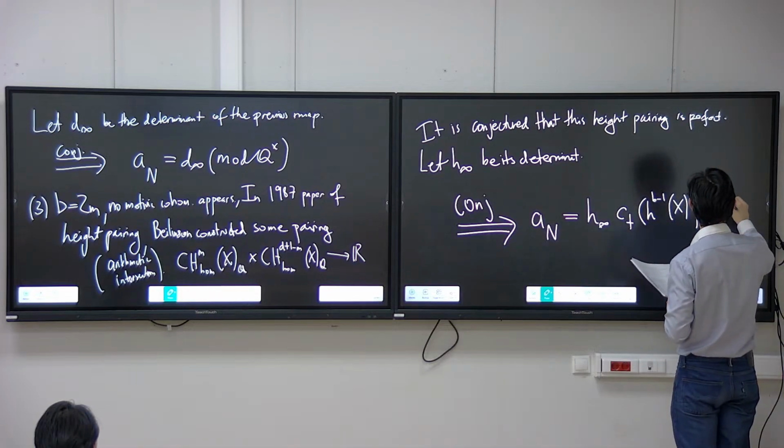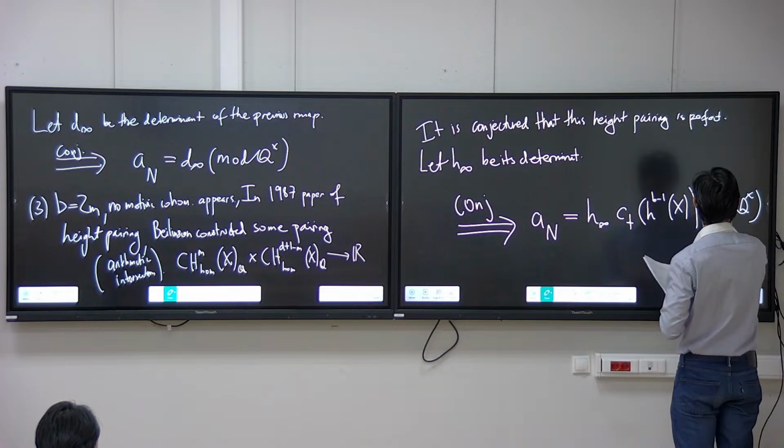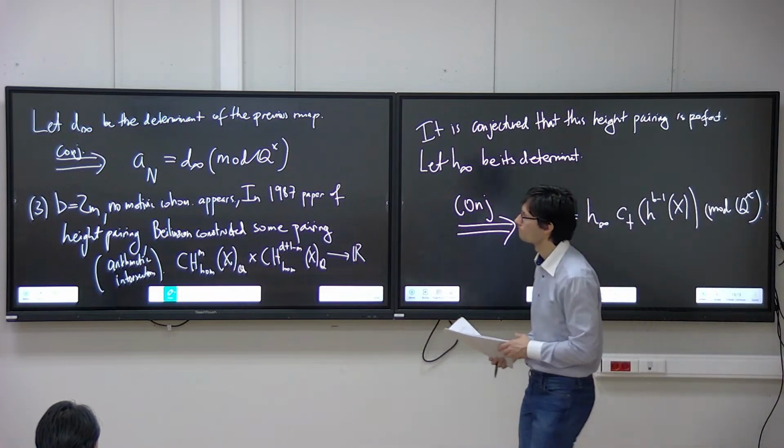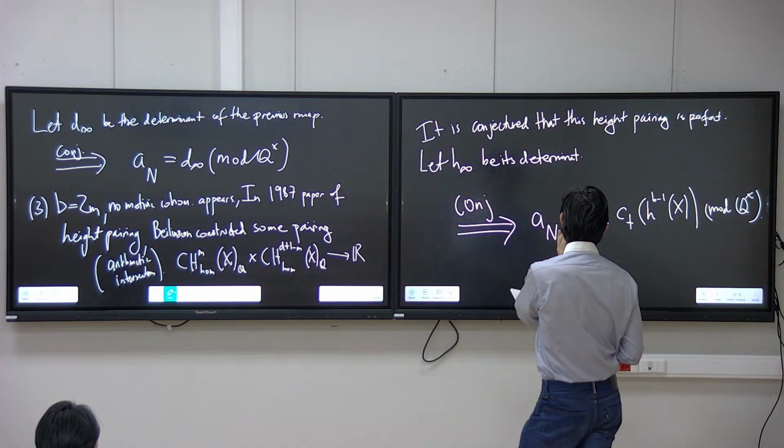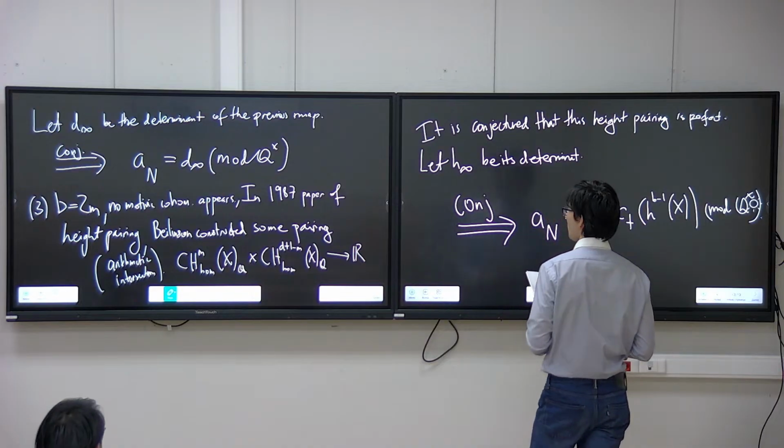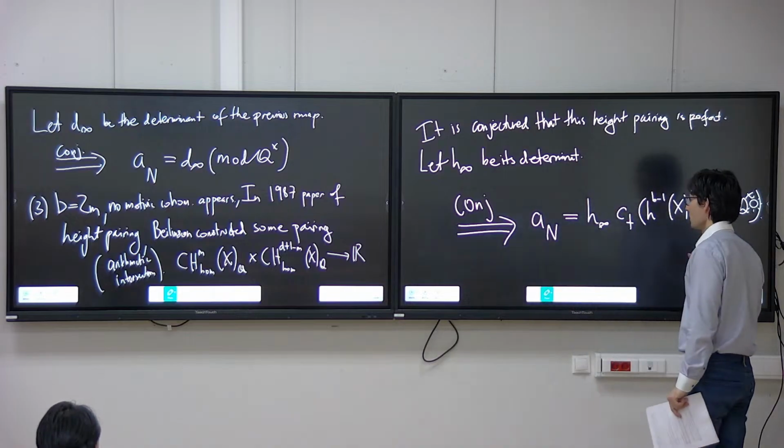And modulo rational units. Okay. That's the end of the second part of Beilinson's conjecture.